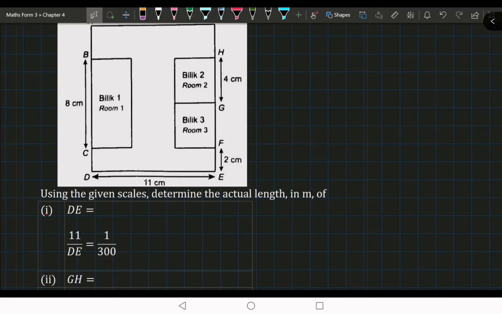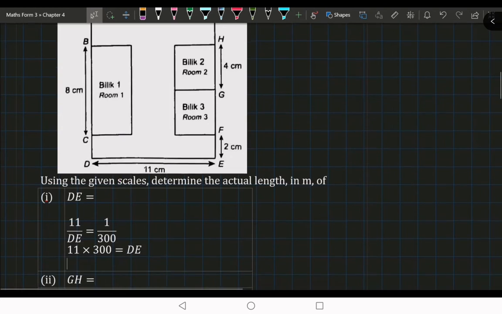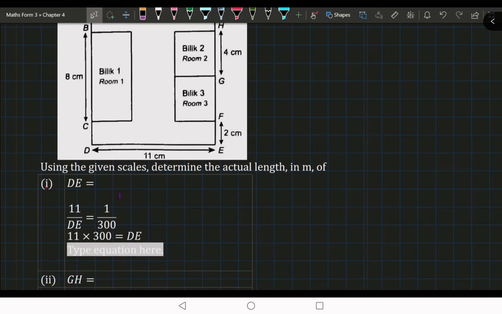By meaning, we are going to cross multiply 11 times 300. Cross multiply gives DE. DE is 11 times 300, which is 3300.